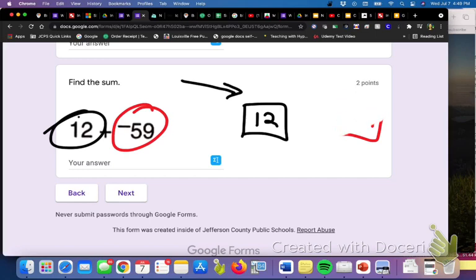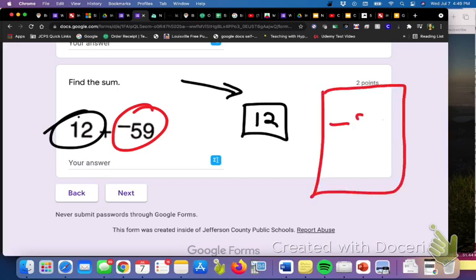And actually, I'm going to make this pile a little bigger to visualize the fact that we've got 12 positives in there, but we've got 59 negatives. Well, if this really were a big pile of chips, we would take the 12 positives and they would cancel out 12 of those negatives, right?